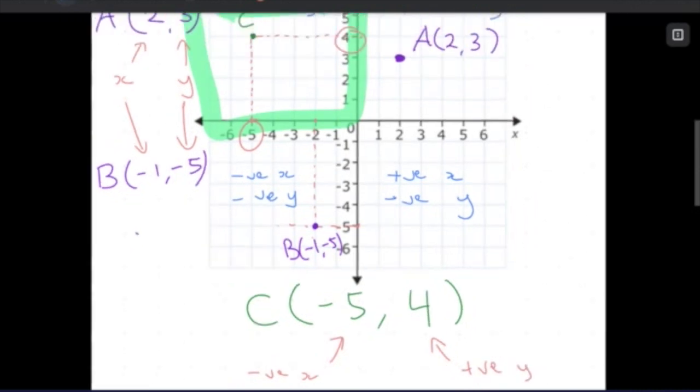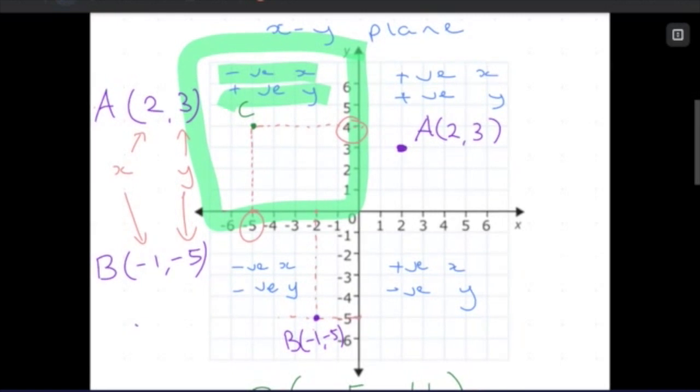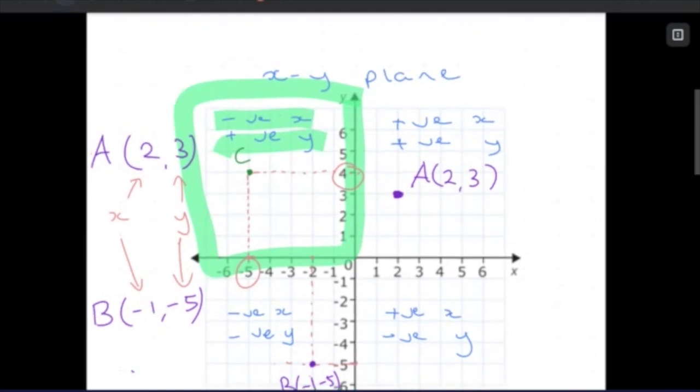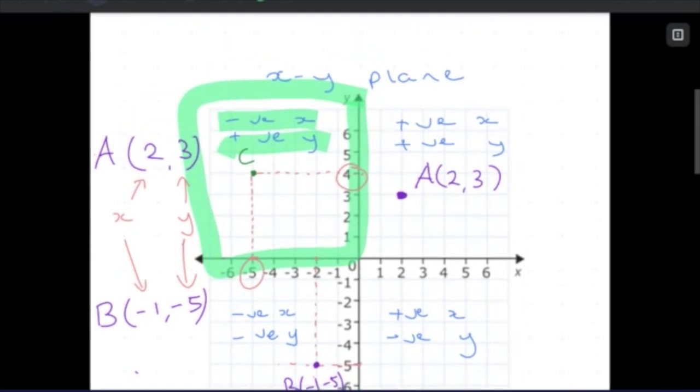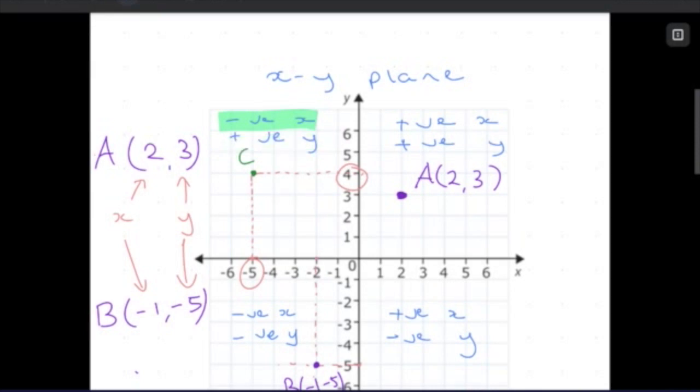Now, that is how we navigate around our XY plane. And in the next video, we're going to look into the nitty-gritty of how we can start to look at linear relationships and how my X's and Y's interact with each other, what impact they have on one another.